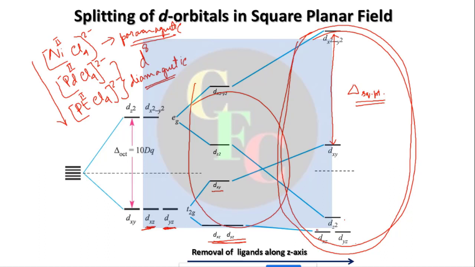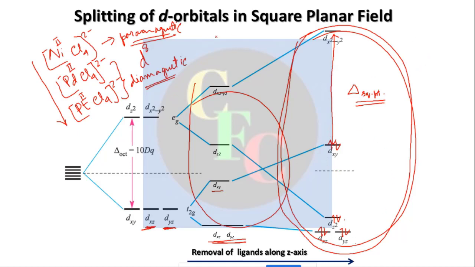See this, suppose you have d electrons, and you want to put 8 electrons, you will follow Hund's rule. So 6 are gone, 2 are here. Why this does not go here, I will show you later. So no unpaired electrons, everything is paired up, so diamagnetic.